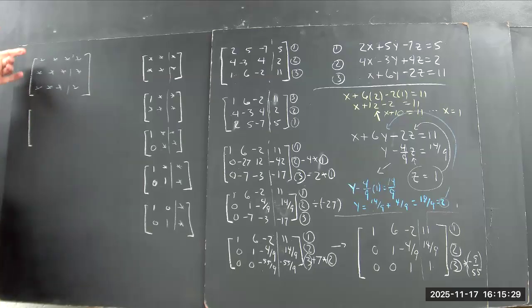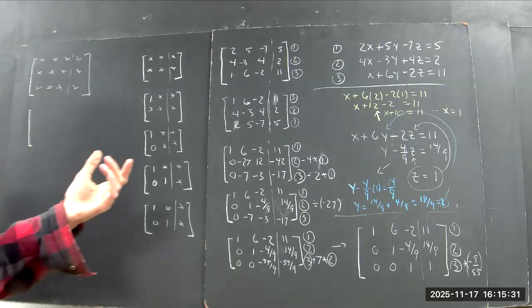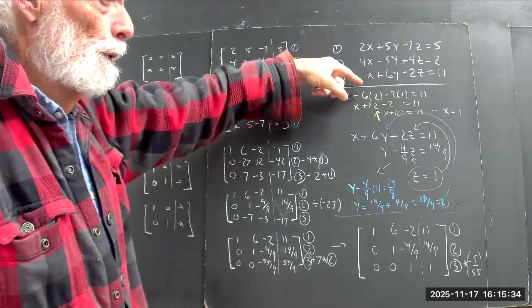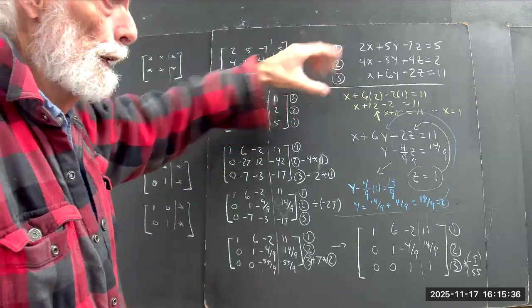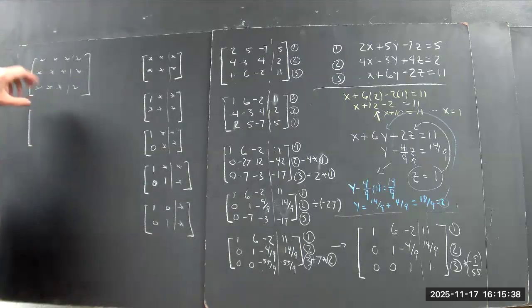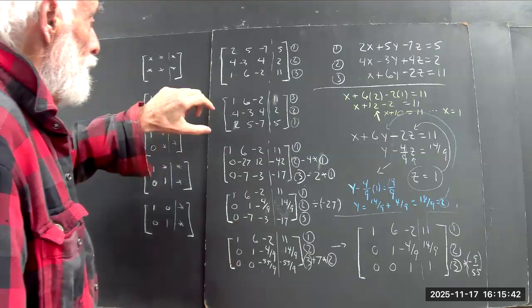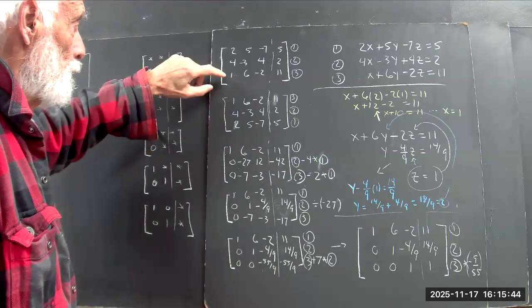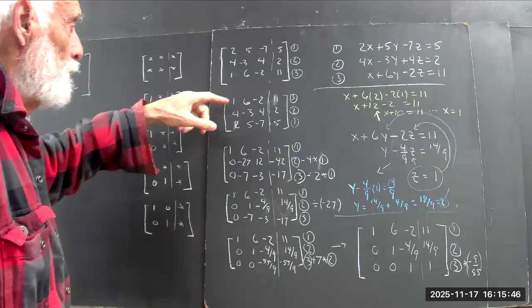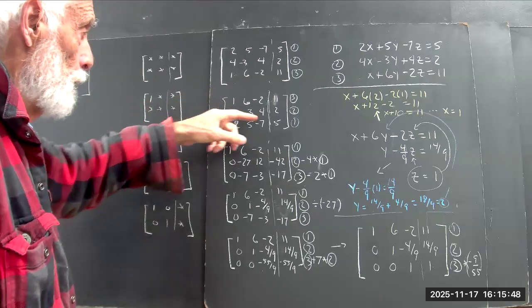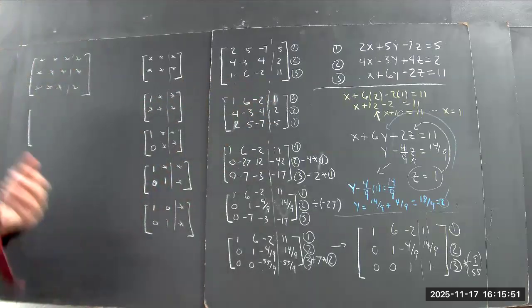Possibly by switching rows, because it doesn't matter in what order the equations happen to be written down, the solution is going to be what it is. So if this matrix represents, say, this system of equations, then you notice that we switched the third row with the first. We still have the same 3 equations represented. They're just in different order.